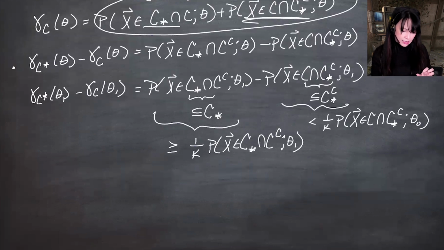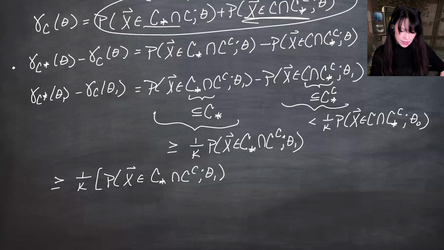The entire line is greater than or equal to 1 over k, this first probability, and then I'm subtracting something that is smaller than this.